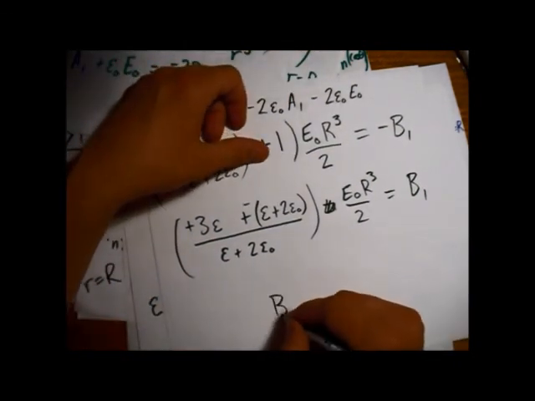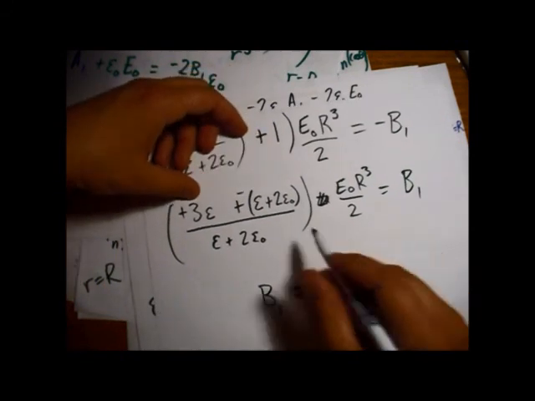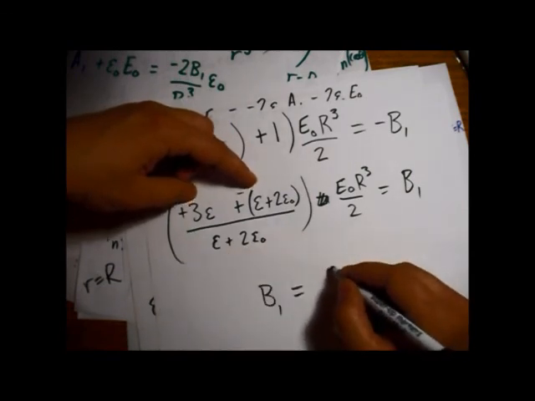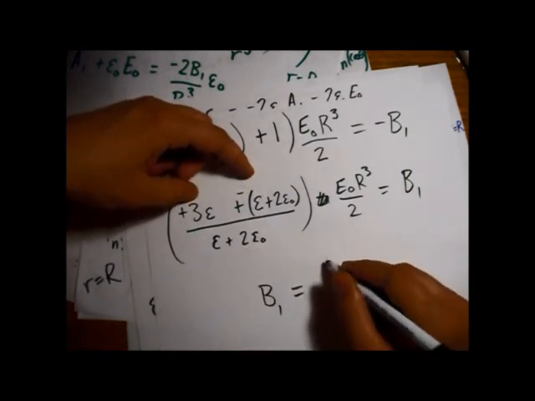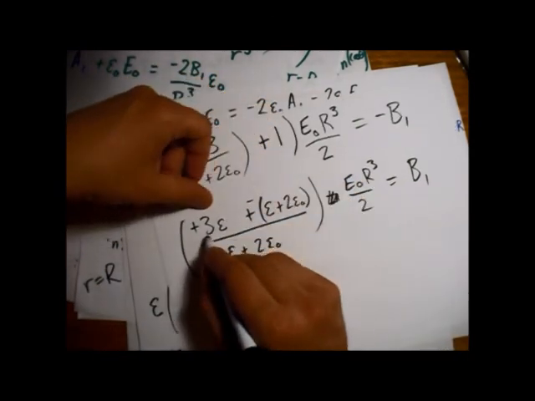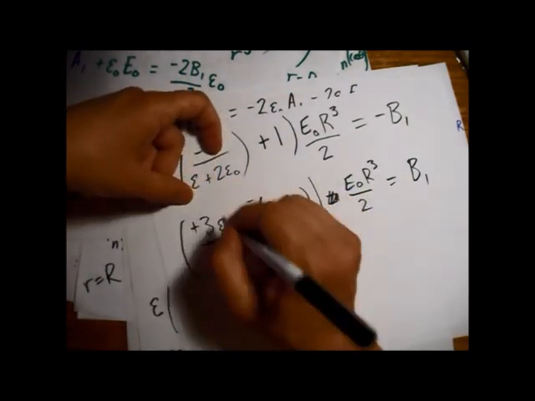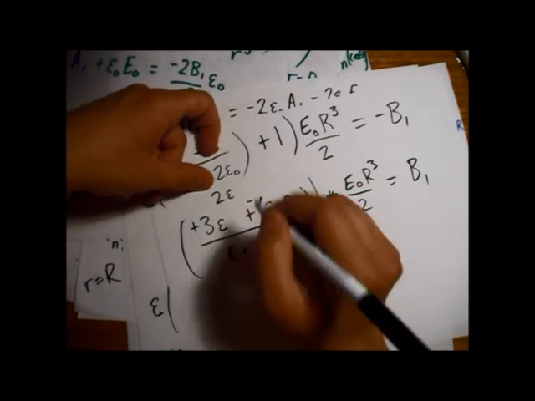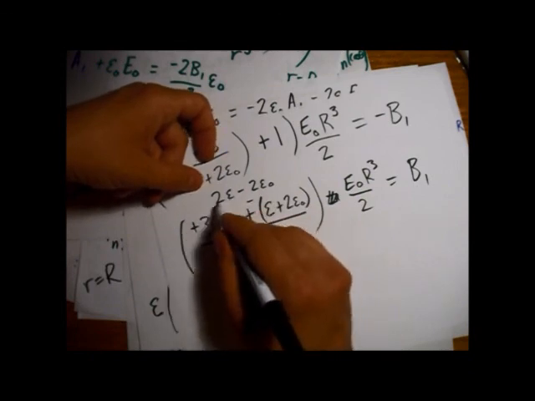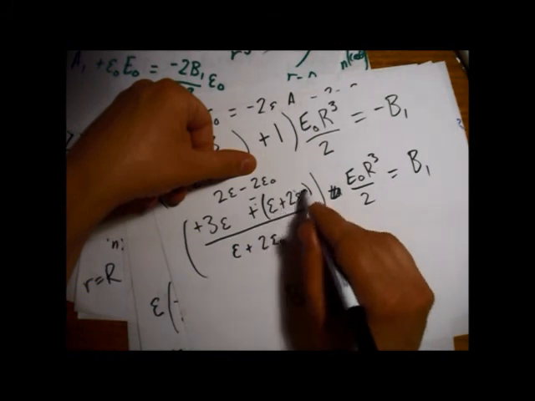We can go ahead and write this out. So all we have here is, we can factor out a 2 as well, because this is just, we're going to subtract. Let me just write this out a little bit. So a 2 epsilon minus 2 epsilon naught. Okay, that's what this top part becomes, right? 3 minus 1 here, and then we have this minus sign on this guy.